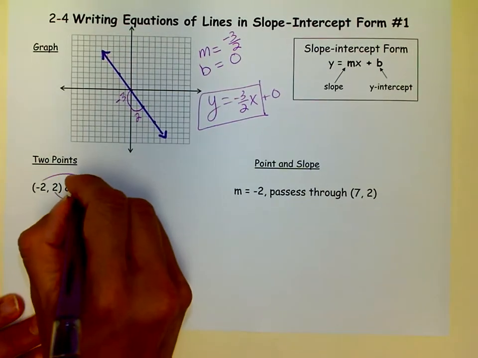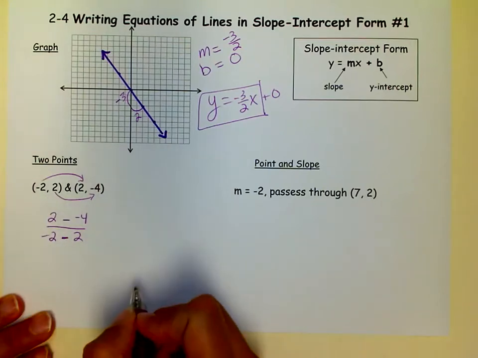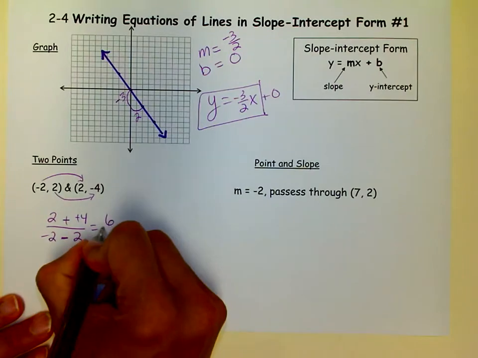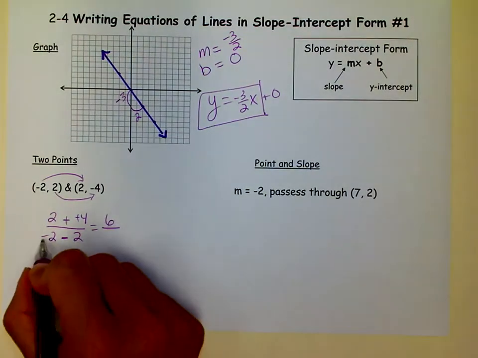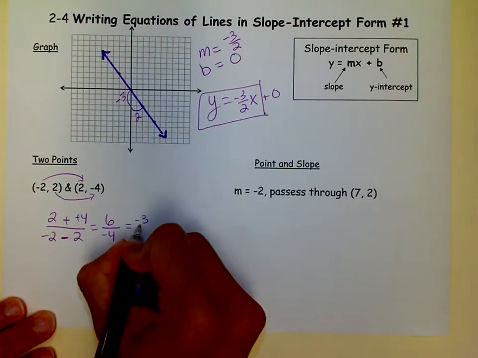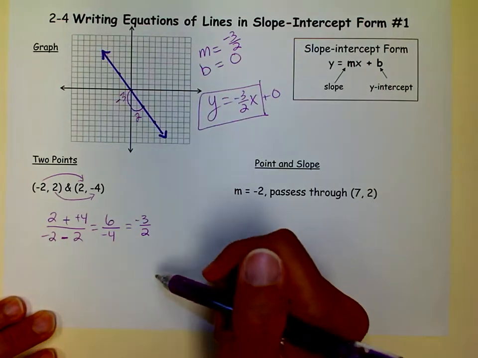Then I take the x's, put the first x there, and then the next one. And then I simplify. 2 negatives make a positive, so I end up with 6. 2 plus 4 is 6. -2 minus 2 is -4. When I reduce that, I get -3/2, and I didn't do that on purpose.